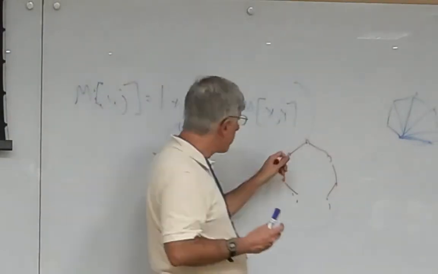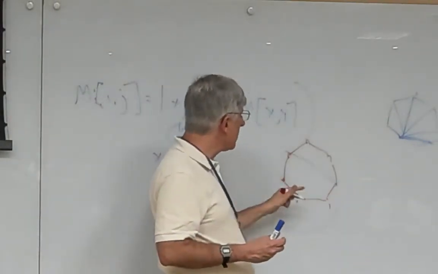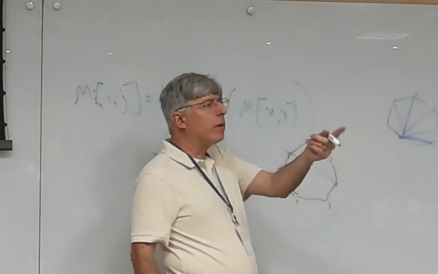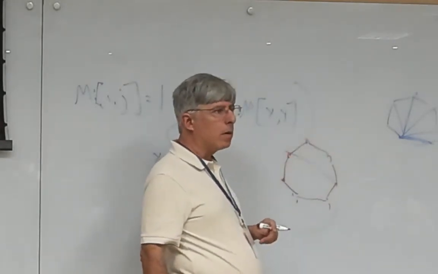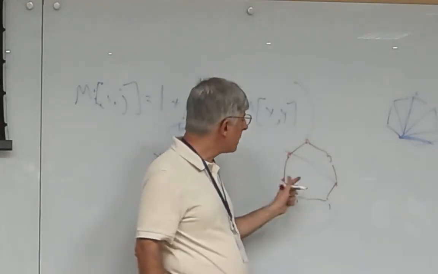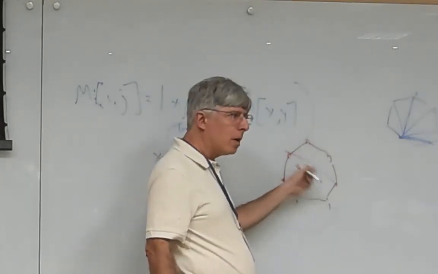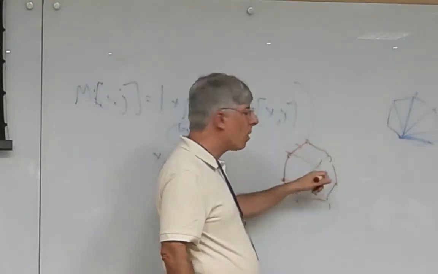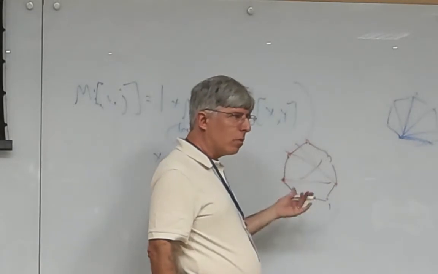Well, any chord from here to here will leave this thing convex, right? So maybe that's where you're getting your n to the fourth from, right? Because there's up to n squared chords that might be created, all of which would be legal.